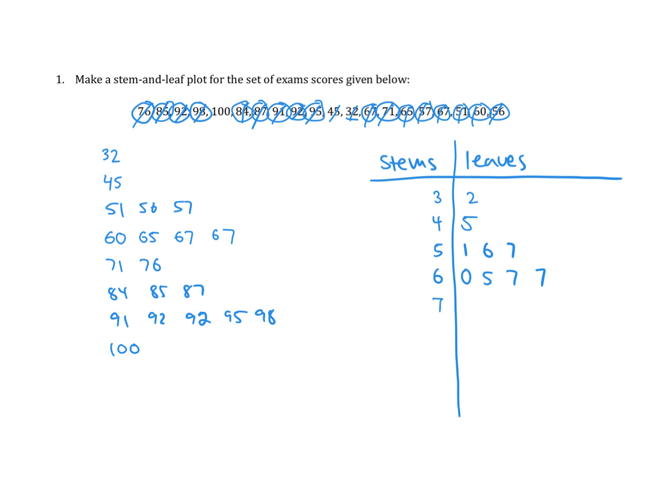Next, 71 and 76. Then we had 3 numbers in the 80s, 84, 85, and 87. 91, 92, another 92, 95, and 98. Let me space that better just to make sure that they're in line vertically.